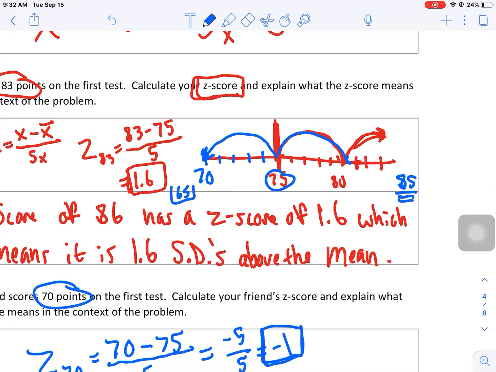Basically, if I had any number higher than 85, it would have a z-score of more than 2, and that number would be pretty unusual.